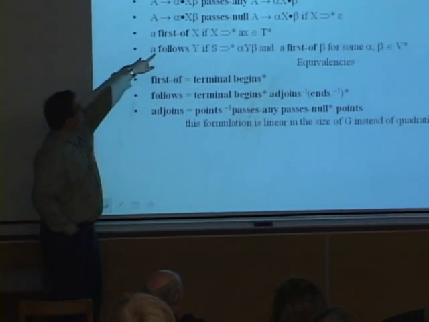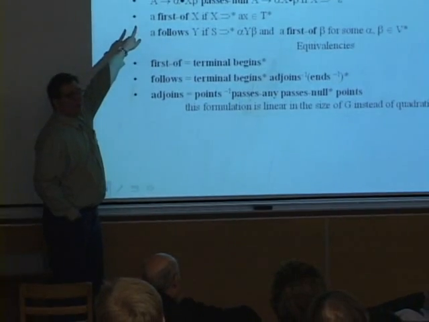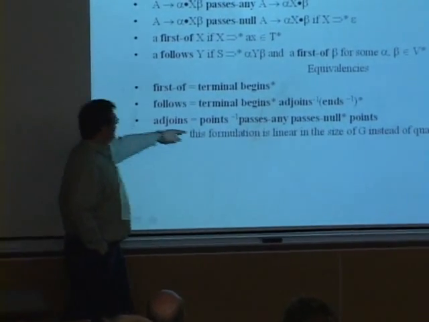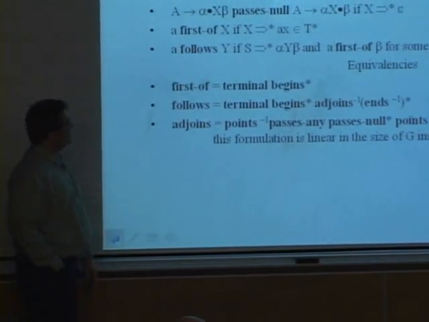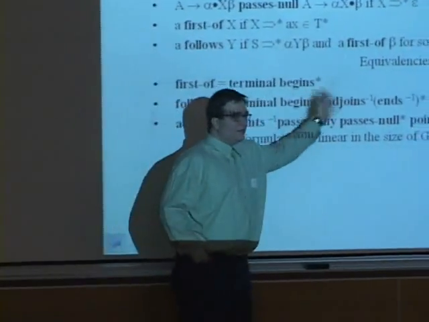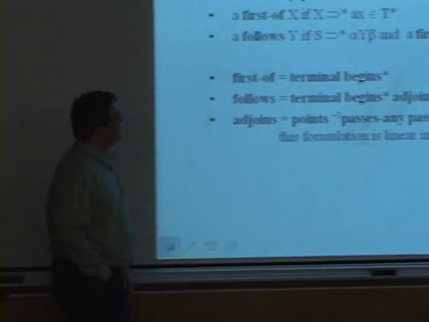So you take a non-terminal and you find an item that points to it. Then you pass any once, and then you pass any number of null, things that reduce to null, and then you see what you point to, right? So, and that's linear in the size of the grammar. So that's a very nice way to express things, right?